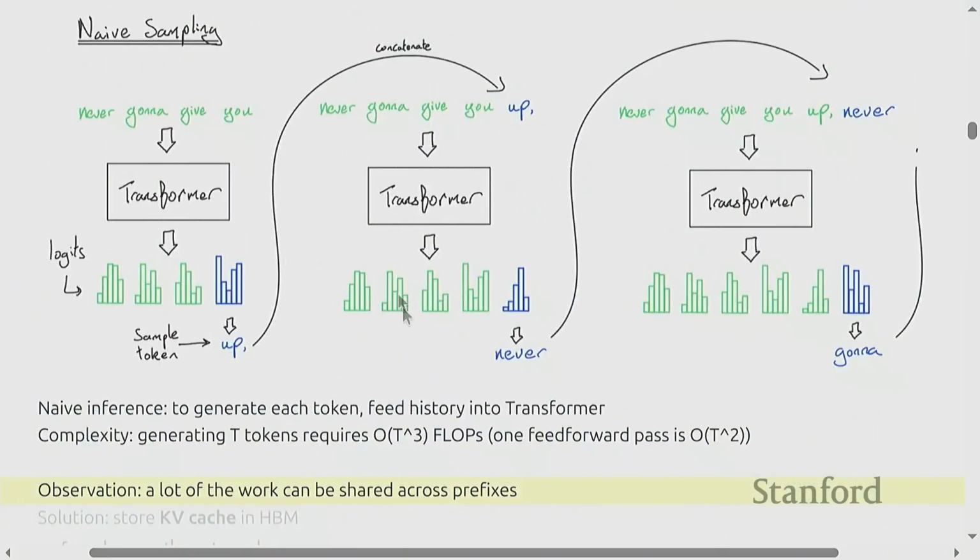The work in encoding the prefix basically stays the same. For a bidirectional transformer, it would be different, but at least for an autoregressive causal transformer, you should be able to share a lot between prefixes.